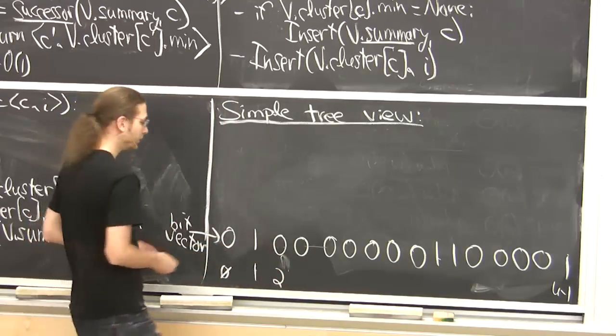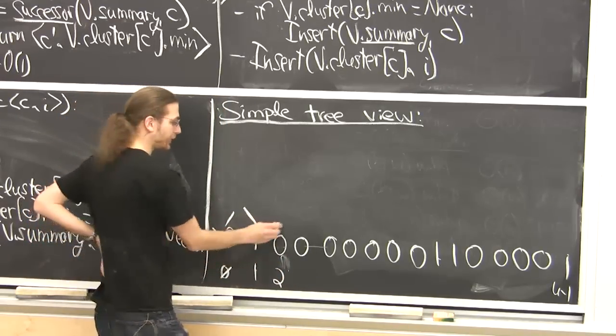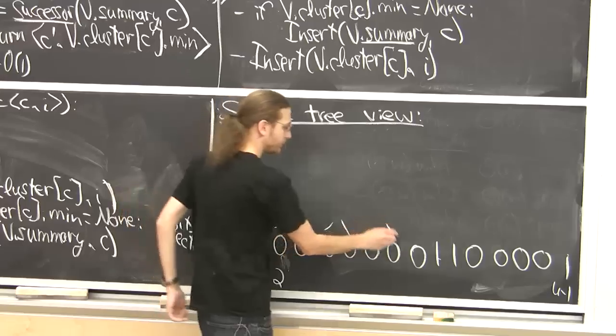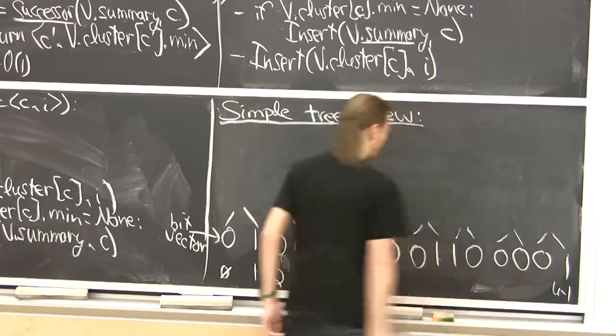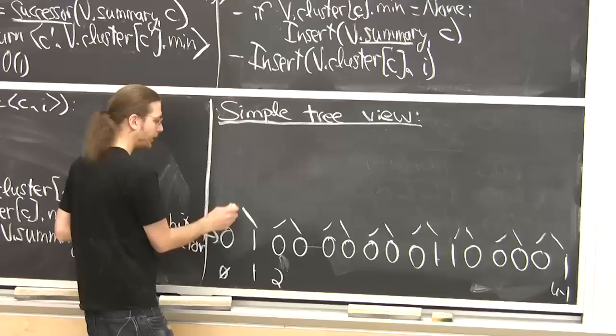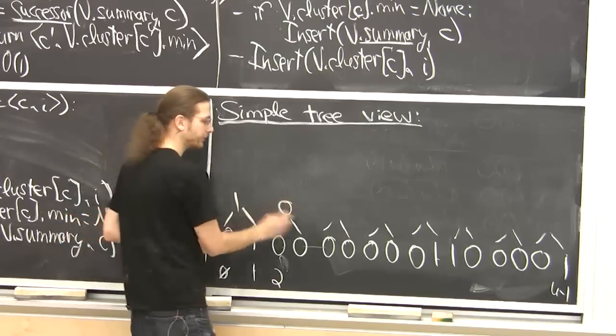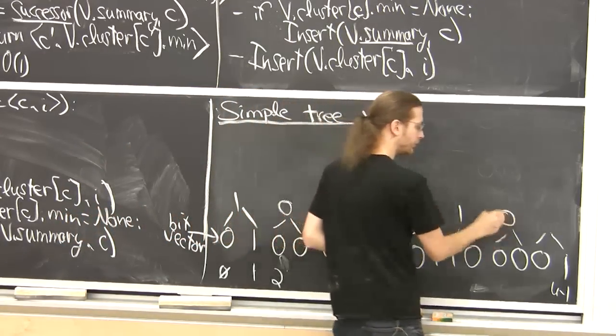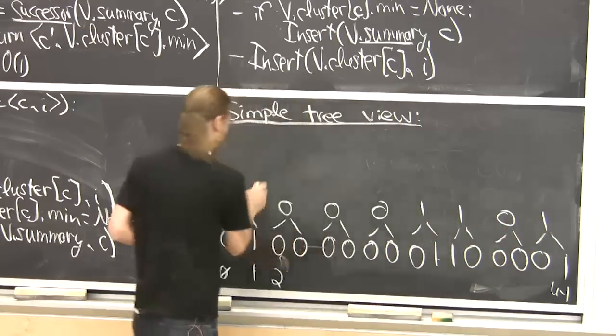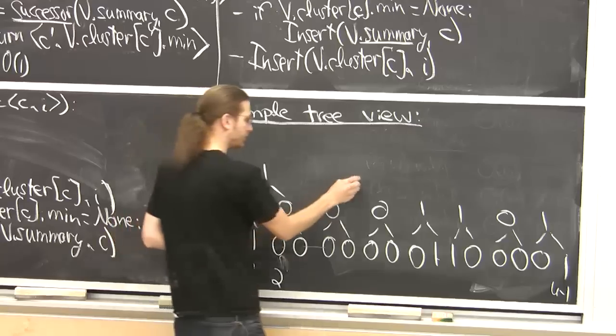Very bad. So obvious thing to do is build a tree on this thing. And I'm going to put in here the OR of the two children. Every node will store the OR of its children. Okay, and then keep building the tree.